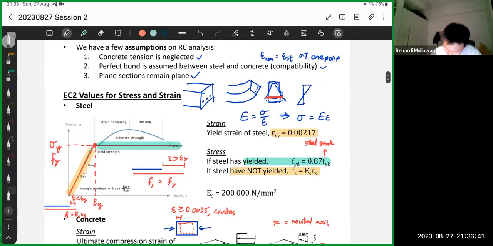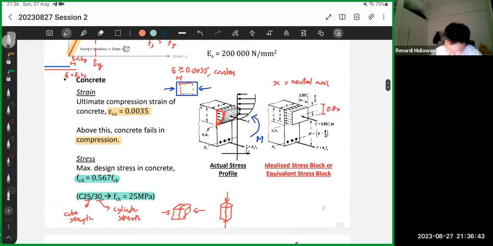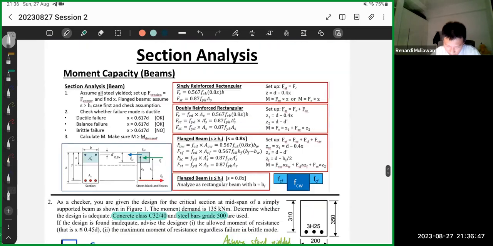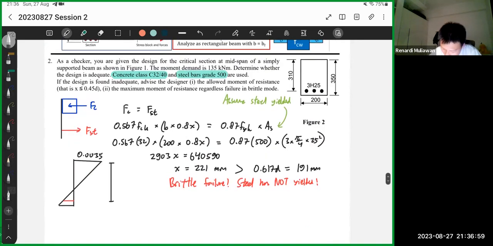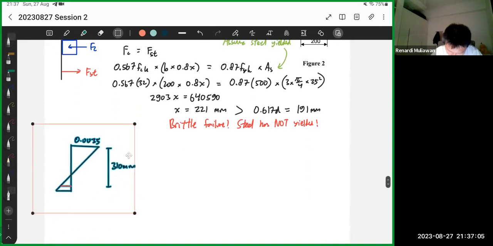Yeah, 0.0035. Yeah, and then this red line is less than 0.00217. So we need to find that manually. So we have D. D is 310. So something like that.